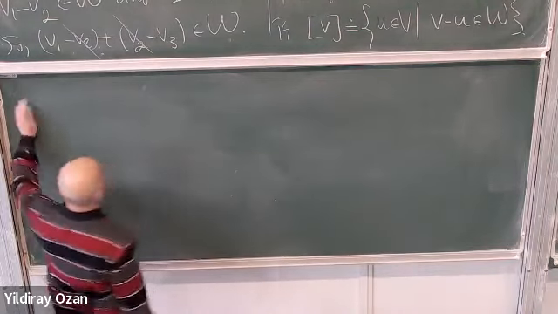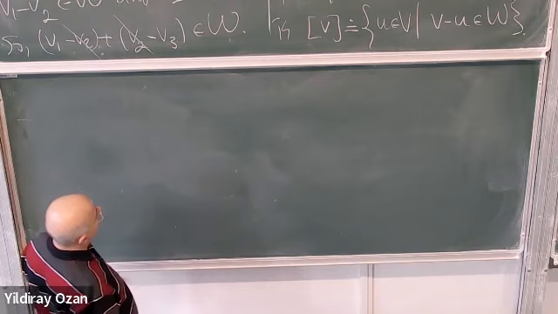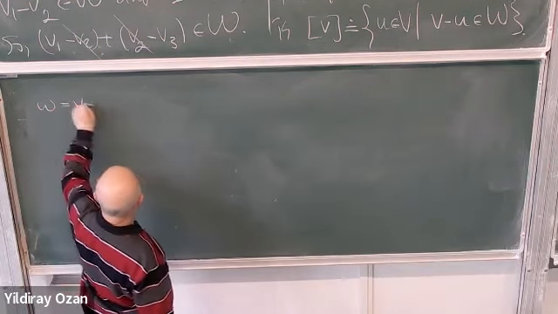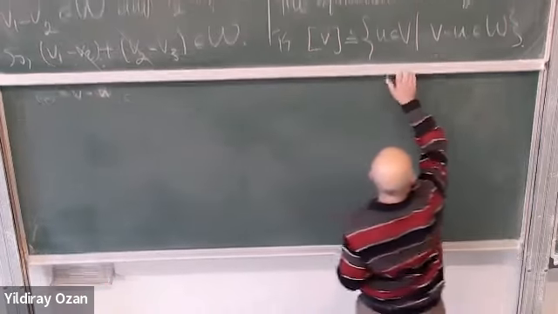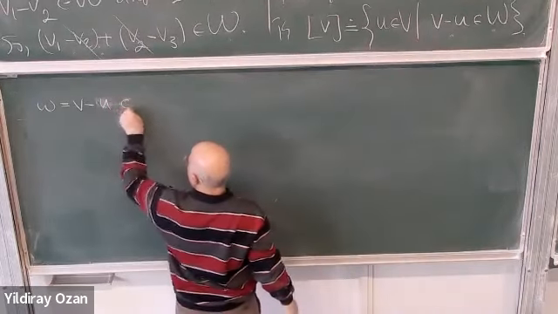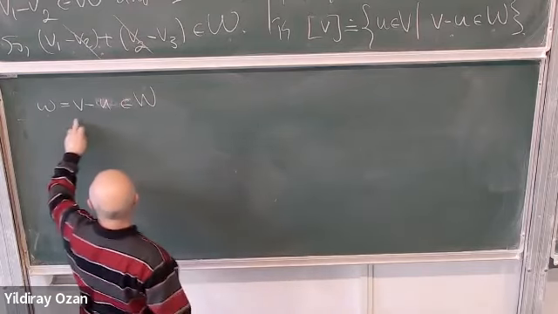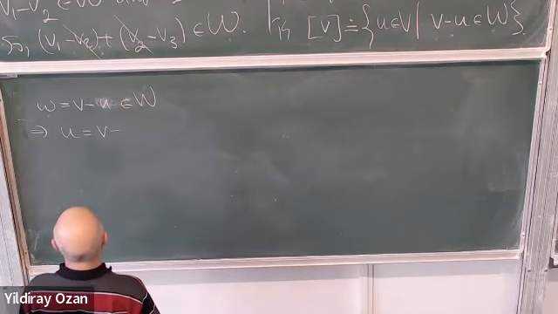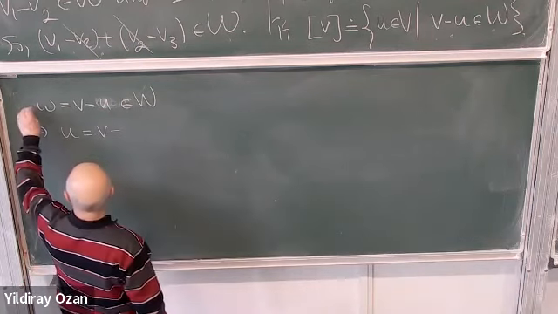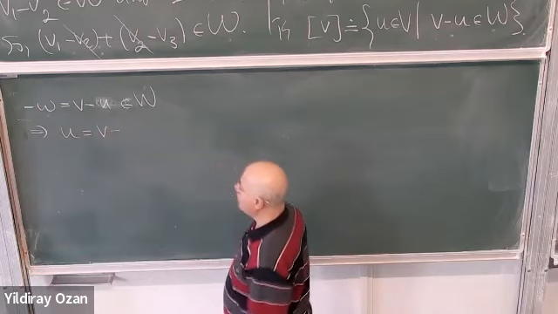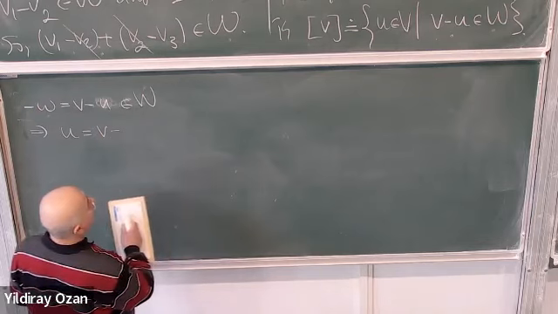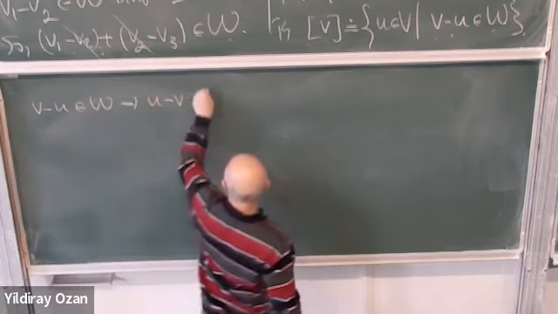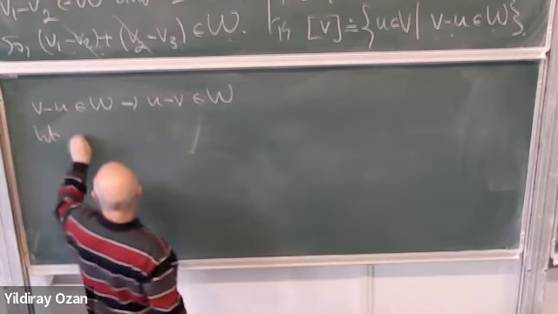But note that that set is the same as this one. If v minus u is a vector in W, then u minus v is in W. Let me just call this vector w.